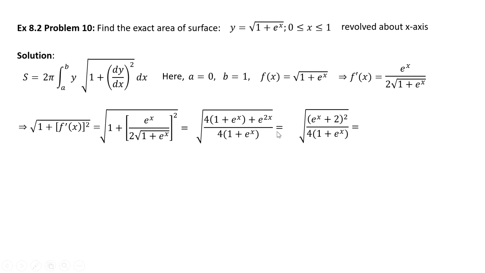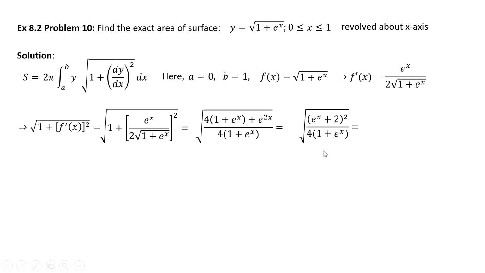That's nothing but e to the x plus 2, the quantity squared. If you don't believe me, just expand this out, FOIL this out. Would you get e to the 2x plus 2 times e to the x, which is 4e to the x, plus 4? Yep. So that's just e to the x plus 2 squared over this one.